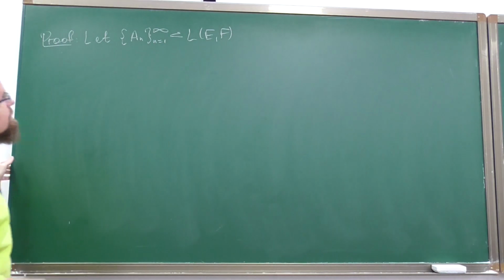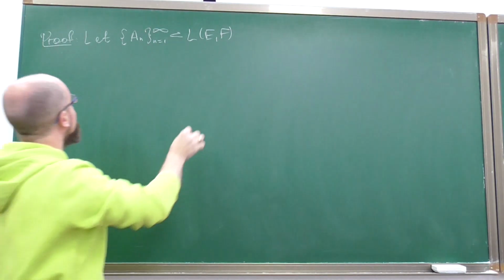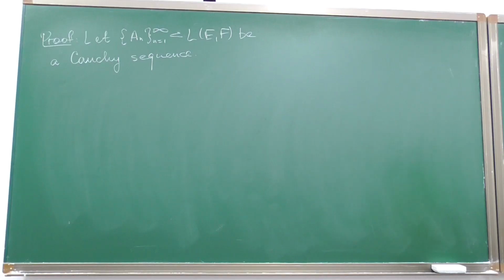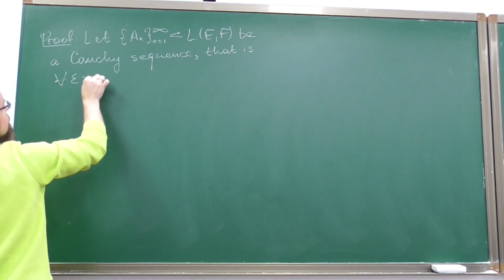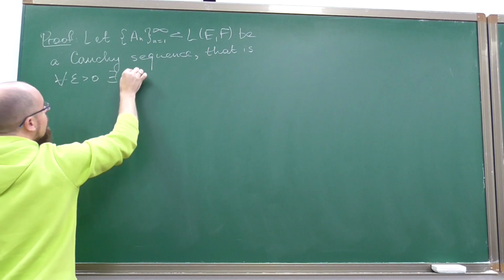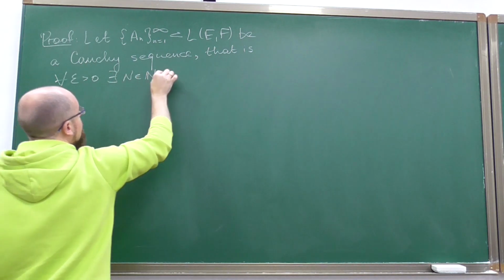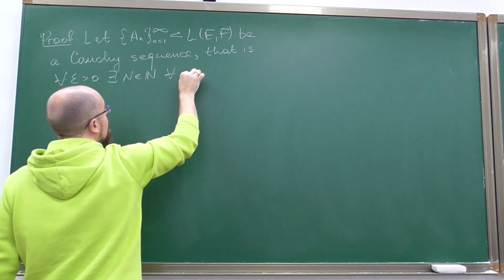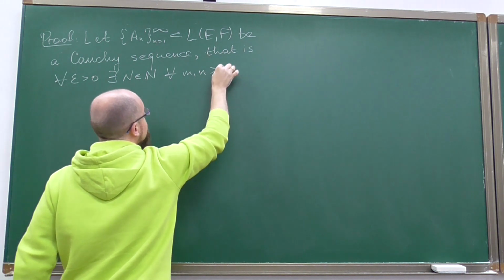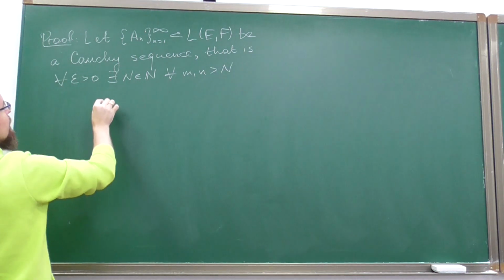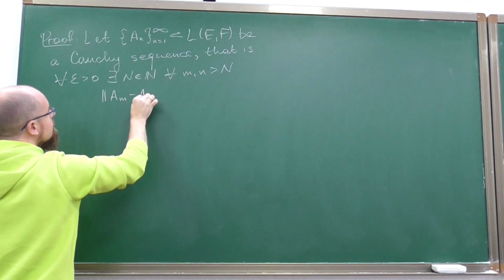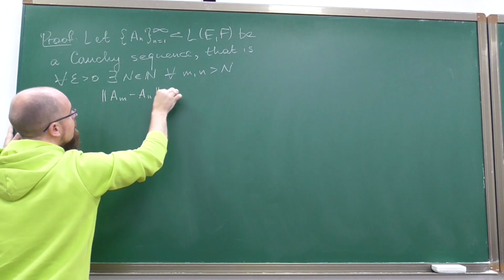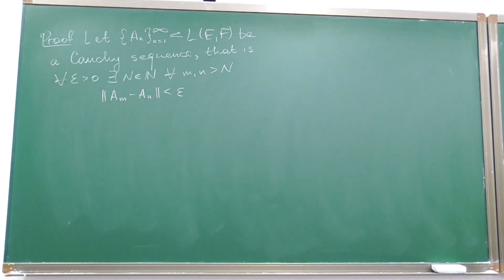So let this sequence A_n be a Cauchy sequence, which means by definition, for every epsilon greater than 0, there exists N such that for every m, n greater than N, we have that the norm of A_m minus A_n is less than epsilon.